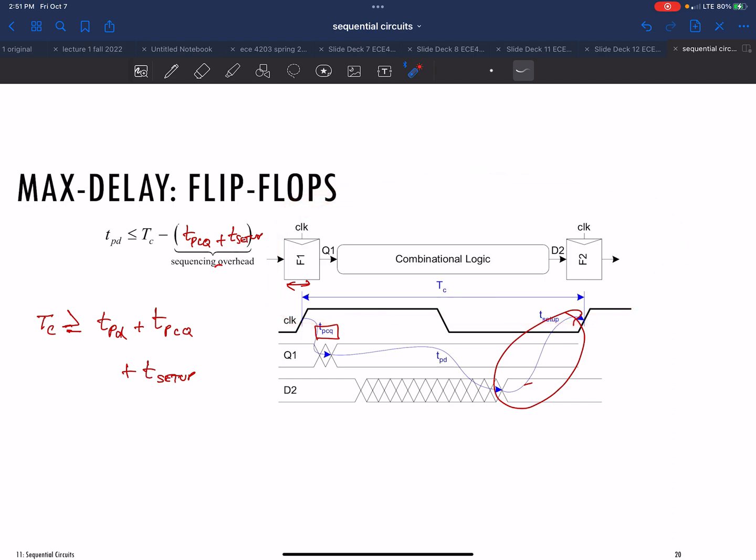Student: If there's too much delay, will it skip that clock period and go into the next clock period and start it, or will it just not work at all? What you'll get is you won't get valid results at D2. You'll get something, you don't know what. Stuff is still settling, still going from 0 to 1, 1 to 0. There'll be some garbage.